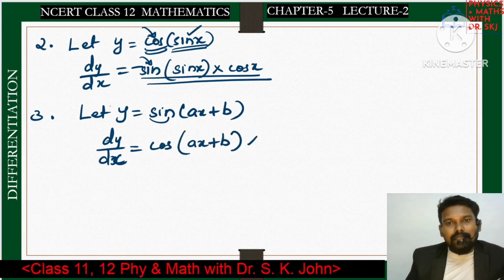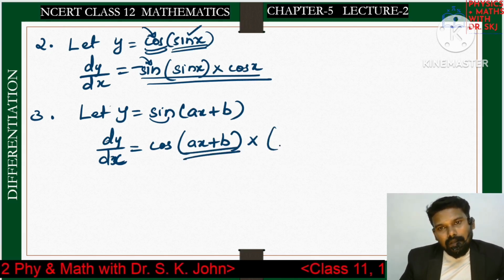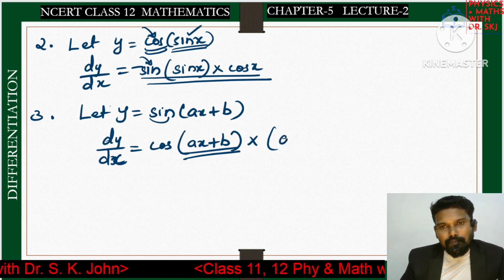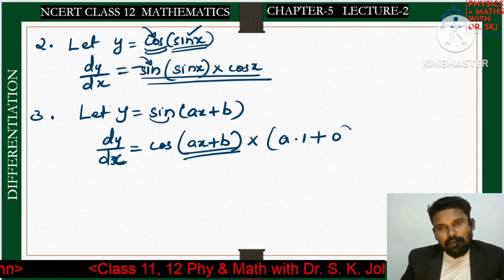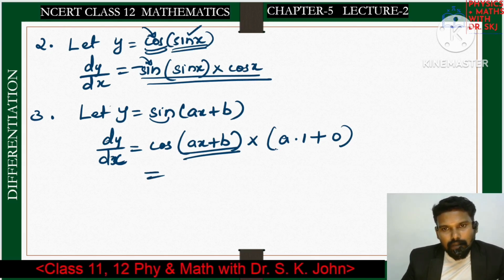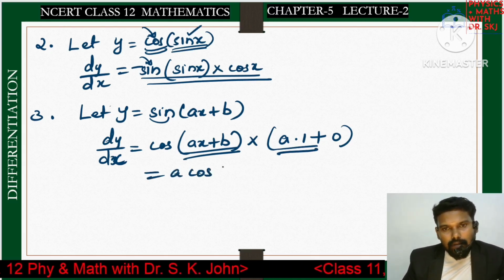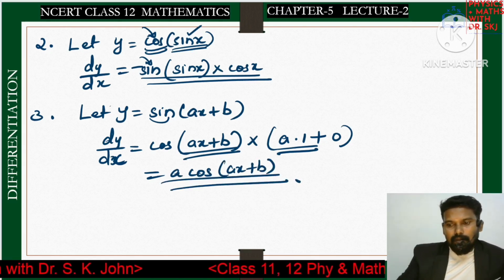Then you have to write the derivative of ax plus b. What is the derivative of ax plus b? It is a into 1 for x, plus b is a constant, so its derivative is 0. So you have a plus 0, which is a cos of ax plus b. So this is your answer.